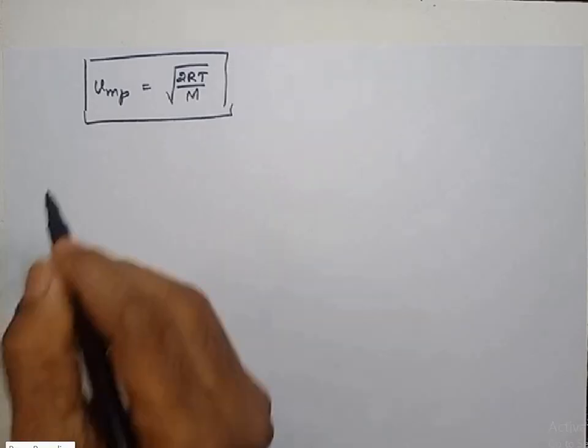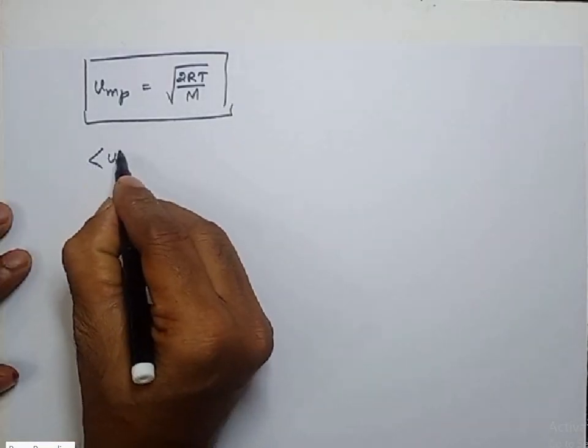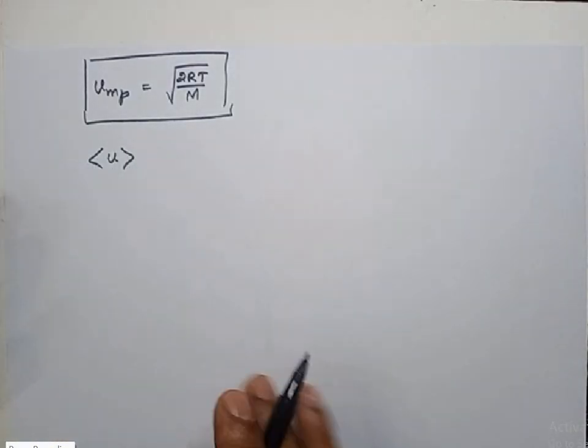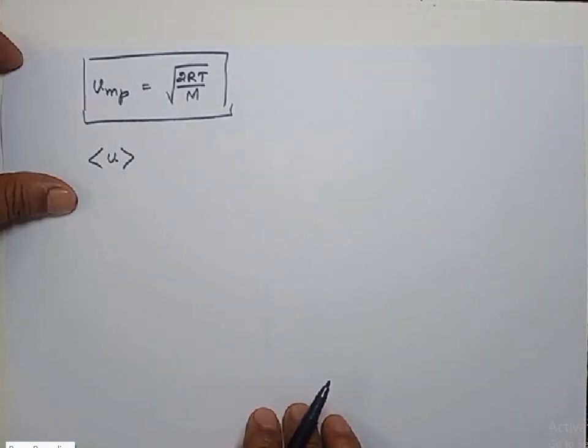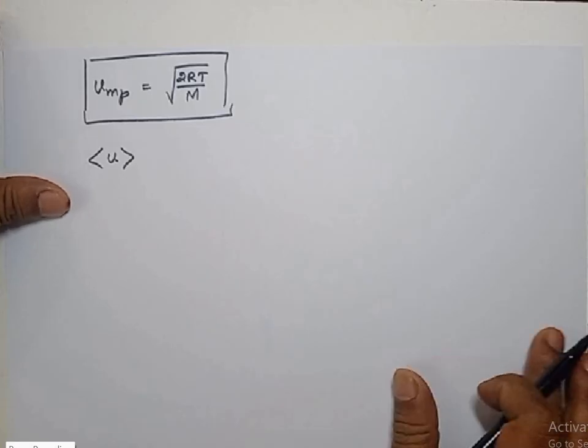What is the formula for average velocity? How to find average velocity? Listen, in probability, we have a formula to calculate average.